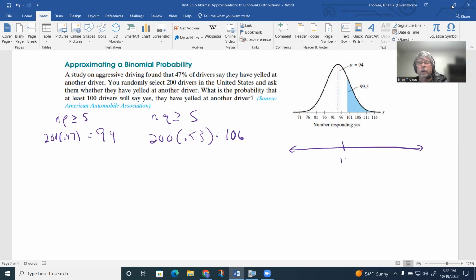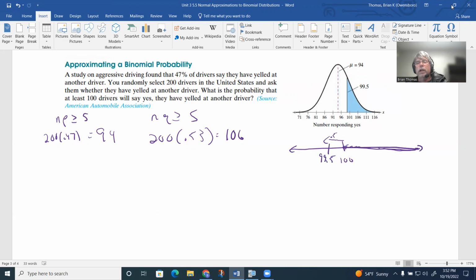And I'm going to put 100 up here. And it says at least 100 drivers. So what that means is 100 or more. So this is kind of what we're looking at. So if we're going to include the 100, we actually got to go left of the 100. So we have to subtract that 0.5 from that, and we're going to get this 99.5.